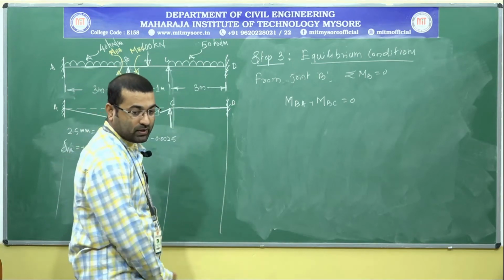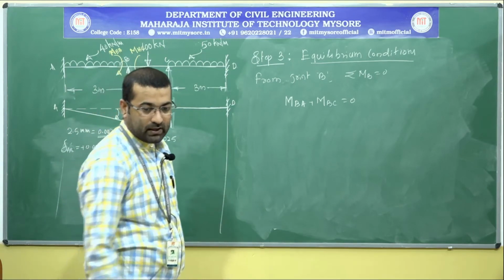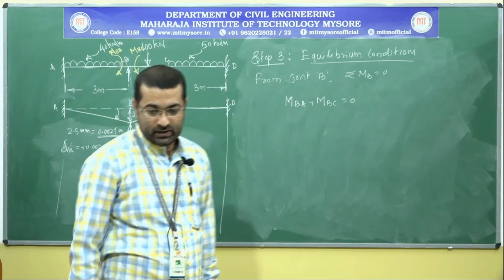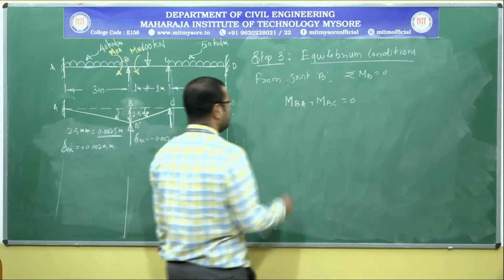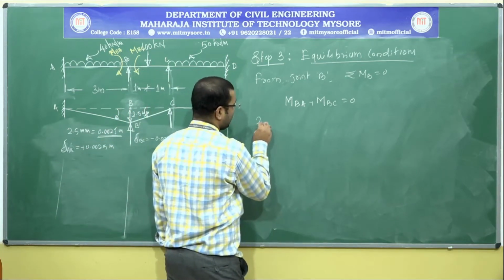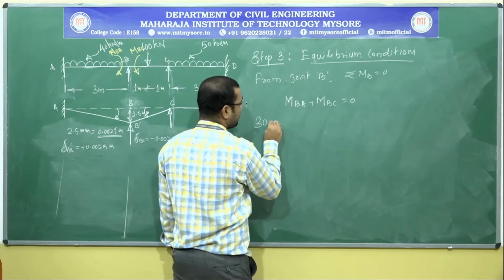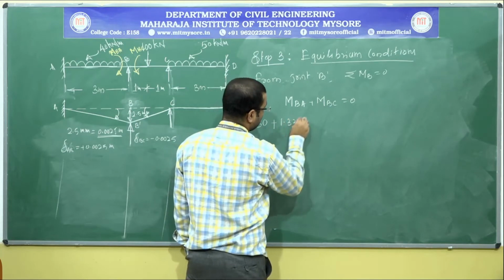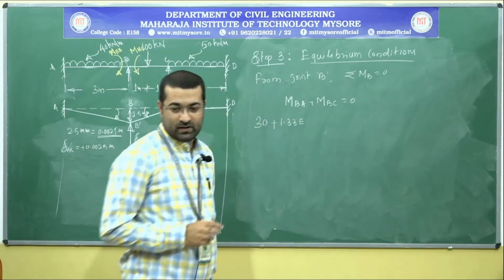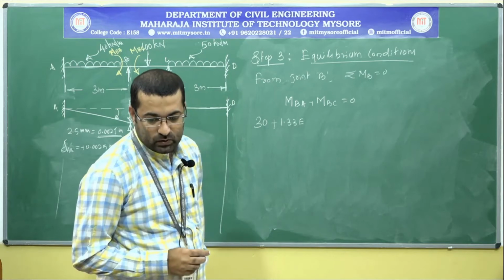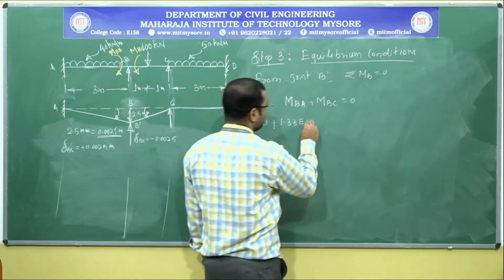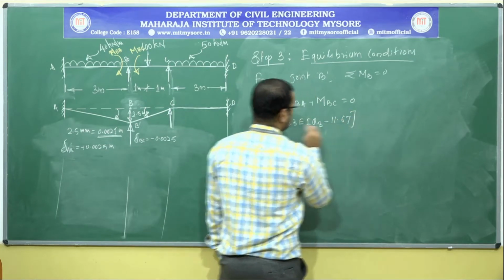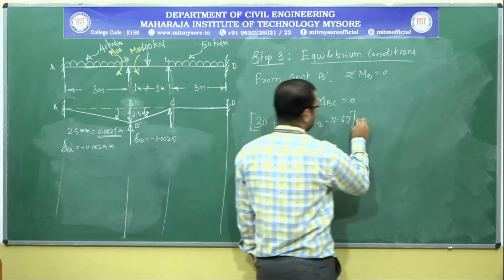Equation number 2 is 30 into 1.33 EI theta B, not 20, it is 30, let me verify, 30 into 1.33 EI theta B minus 11.67. This is the value for MBA.